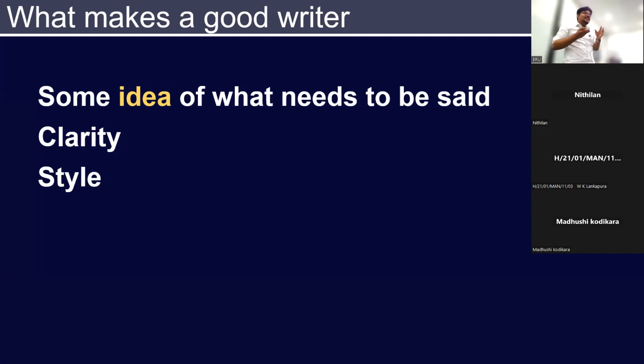And of course, the style part comes with a lot of practice, because if you look at different writers, for example, great writers, like if you take Stephen Hawking, the physicist, you know how difficult it was for him to write, but his style is really, really clear. If you get the time to read his publications in physics, his writing style is also very clear.